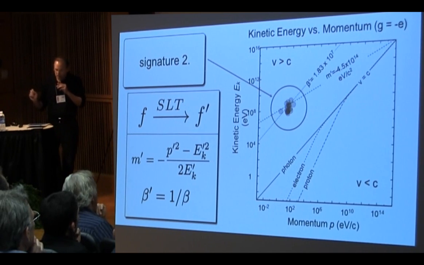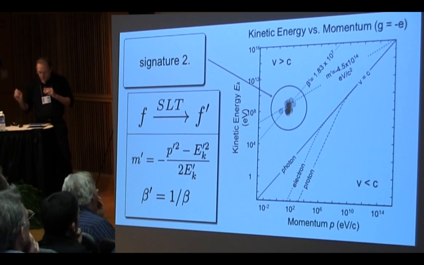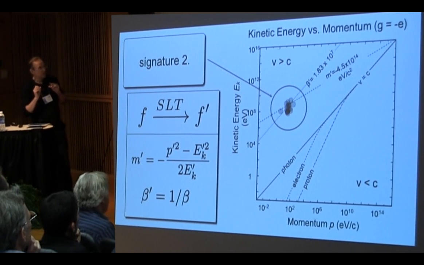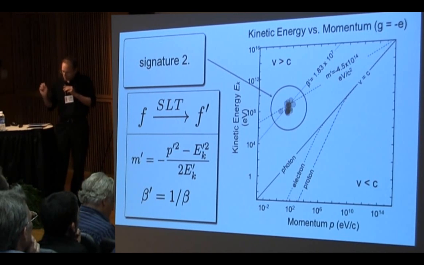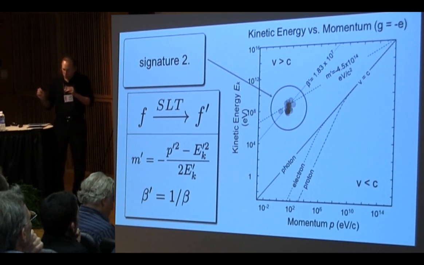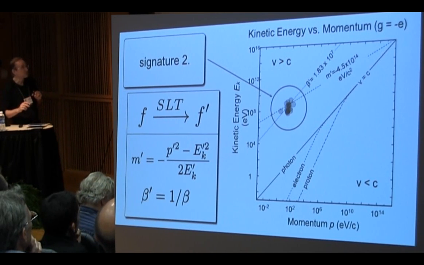If the particle is a tachyon, we must apply a superluminal Lorentz transformation to the observables. We transform the free particle, the standard momentum-energy relation, with the superluminal Lorentz transformation, to find the mass and the beta contours to intersect, and we find them to intersect directly with the cluster of points here.